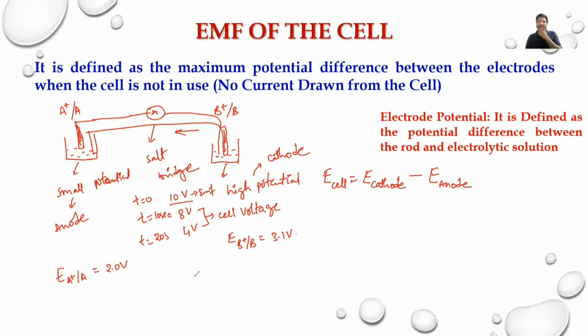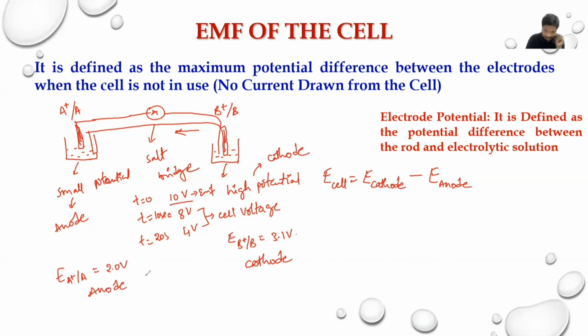Now, what is the EMF of the cell? Both are reduction potentials. The half cell which has the highest reduction potential will have the tendency to undergo reduction, so it will act as the cathode.